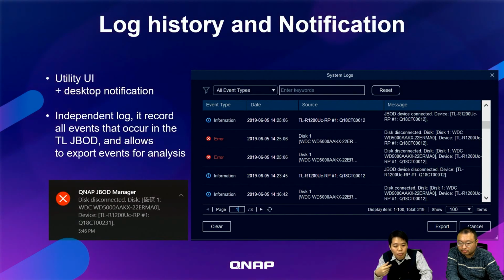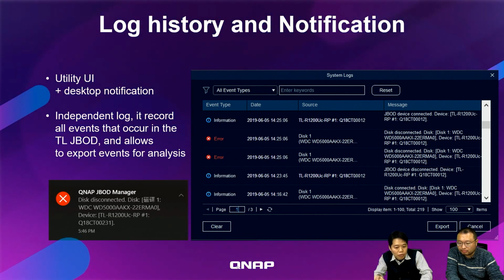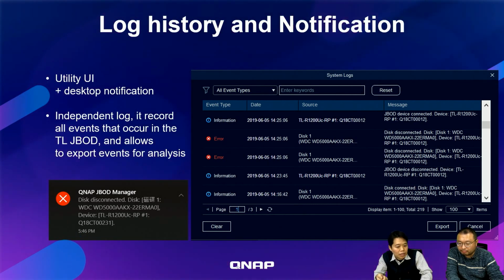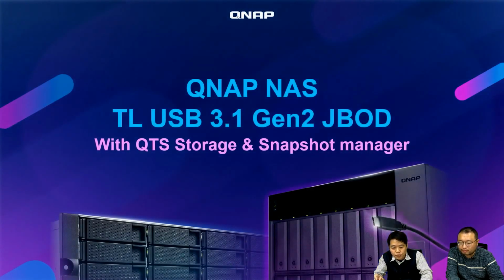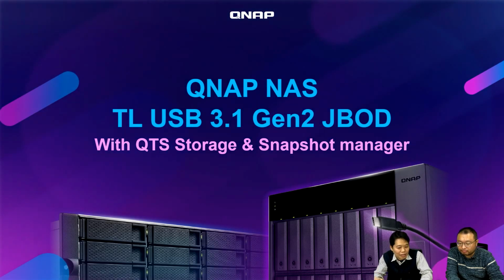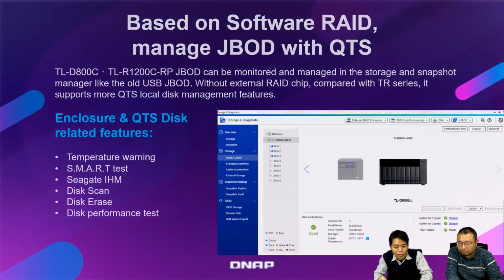And we also provide the log history and the notifications. It's an independent log. It records all events from your TL JBOD. So that means you also can explore it for any R&D analysis. But for the most important purpose, we designed this TL USB JBOD to expand our NAS storage.